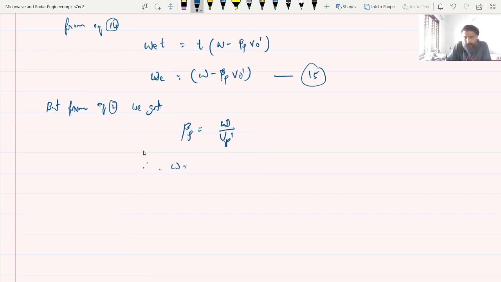Therefore, omega is nothing but beta_p into Vp dash. That is equation number 16.